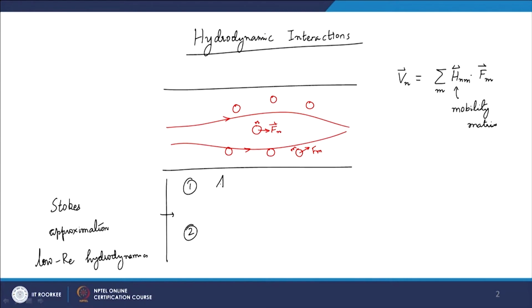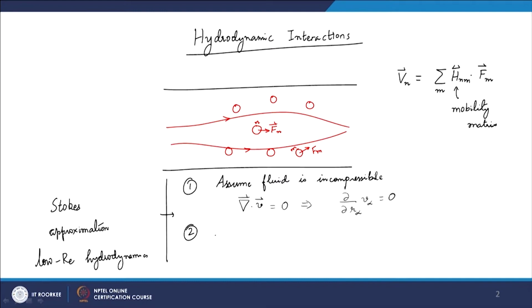The first idea is that we assume that the fluid is incompressible, and for that we have the continuity equation del dot V is equal to 0, or in Einstein notation we have ∂/∂R_alpha V_alpha is equal to 0.